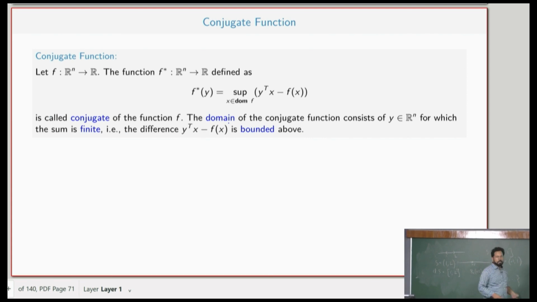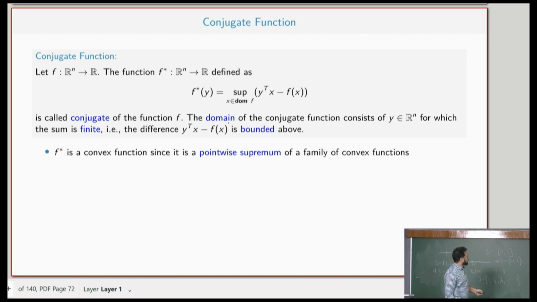This is the very basic idea that you have to keep in mind: assume that y is fixed, and then go here and check for which x it becomes unbounded. That will give you an idea of which x to choose, or which x to discard. We'll do an example shortly, so you can just keep the definition in mind.